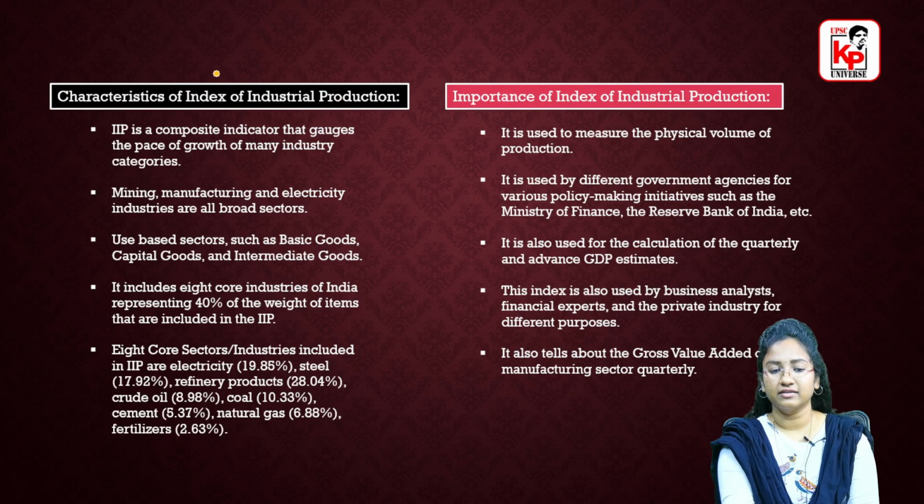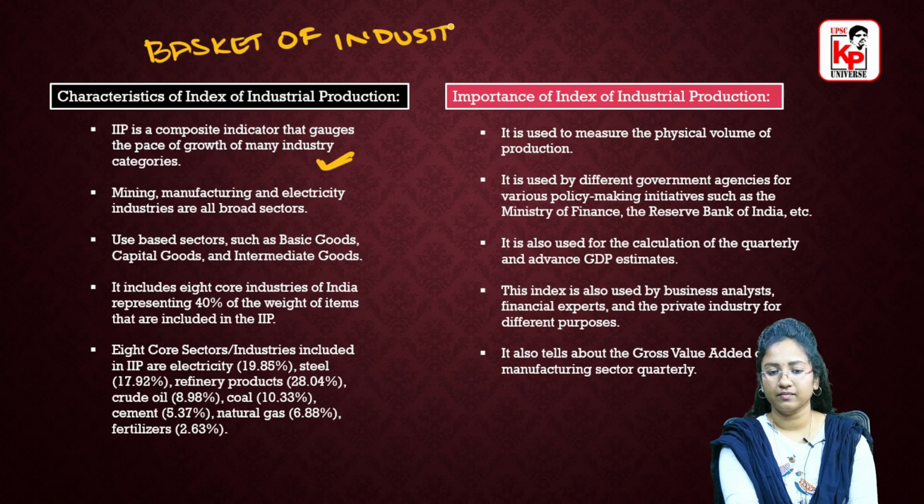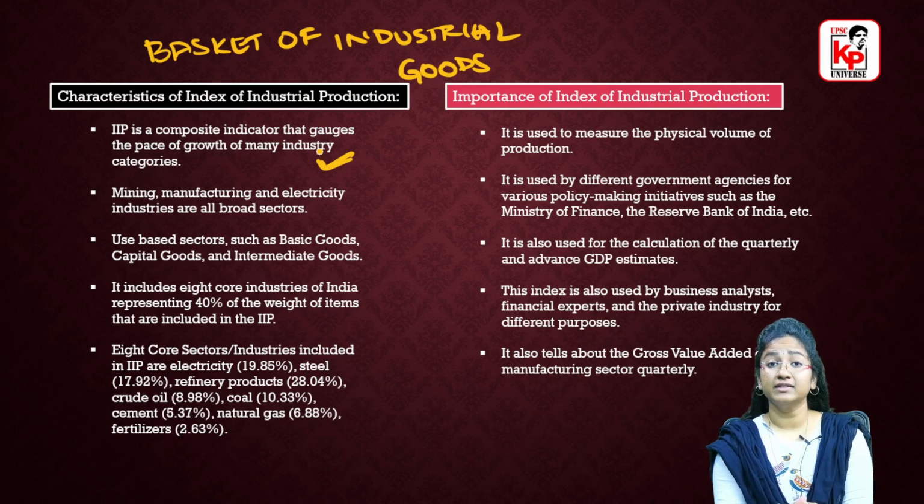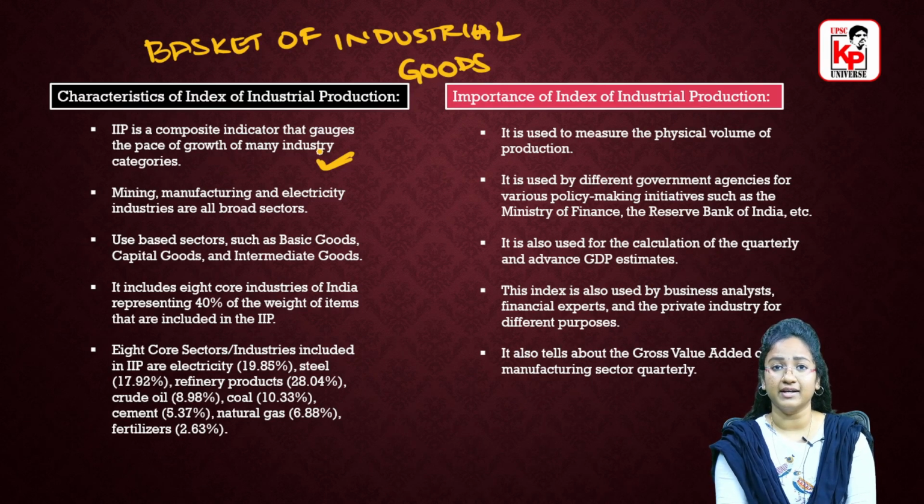So coming to the characteristics of this IIP, what are the various characteristics of IIP? It gauges the pace of growth of many industry categories. As we have discussed, a basket of industrial goods is considered in IIP, and for these, the pace of growth is measured.